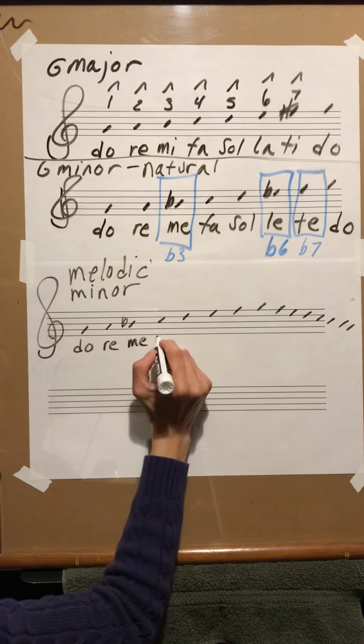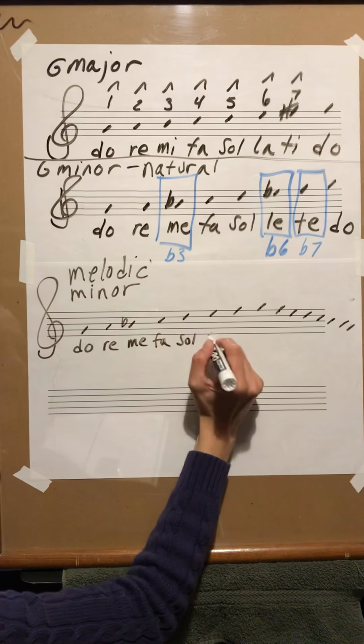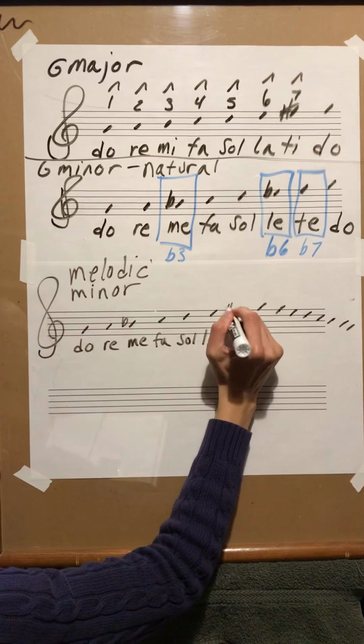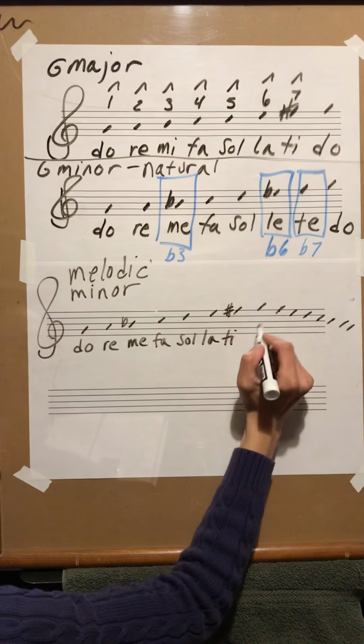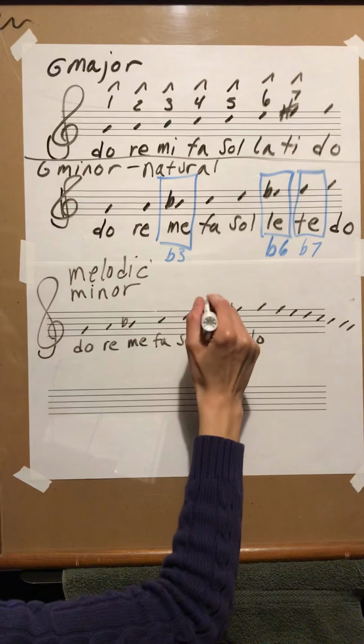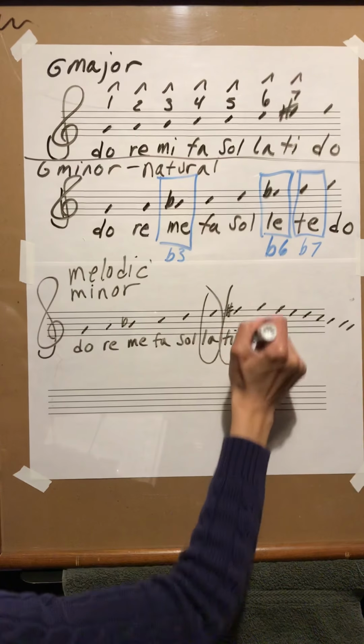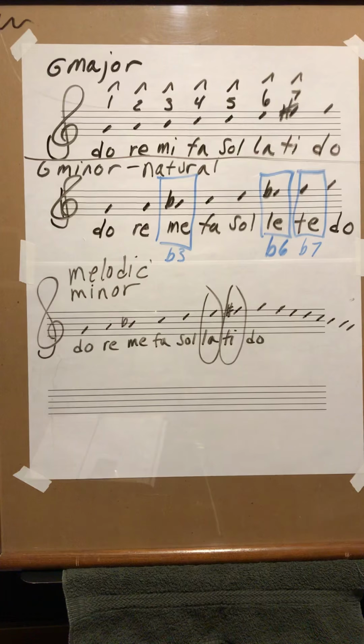Do, re, me, fa, sol, la, ti, do. So the 6th and 7th degree are raised on melodic minor on the way up.